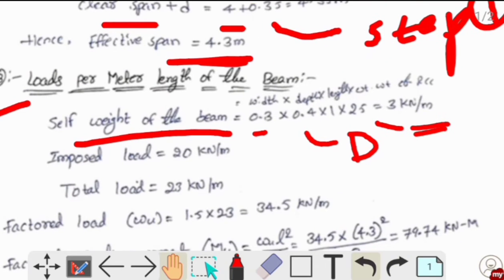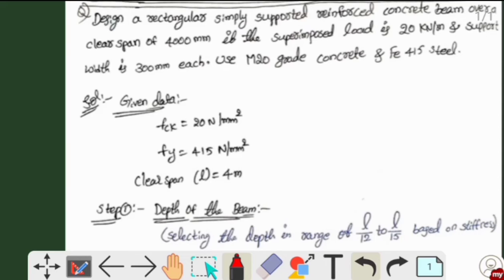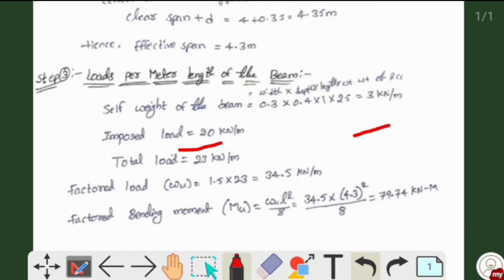Then we get 3 kilonewton per meter. Next, imposed load equal to 20 kilonewton per meter is given in this question, and the total load equal to self weight of the beam plus imposed load, we get 23 kilonewton per meter. Then factored load equal to 1.5 into total load, we get 34.5 kilonewton per meter.